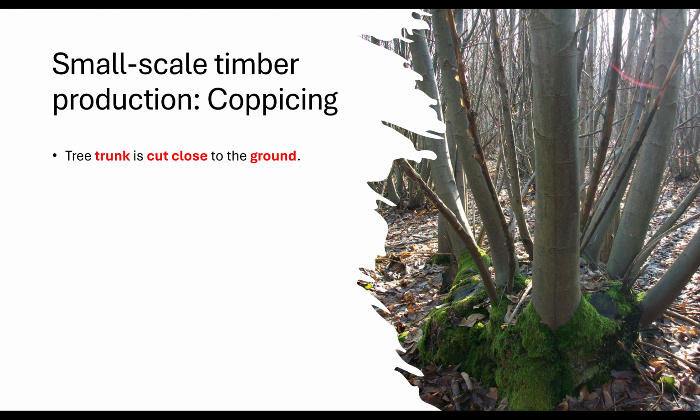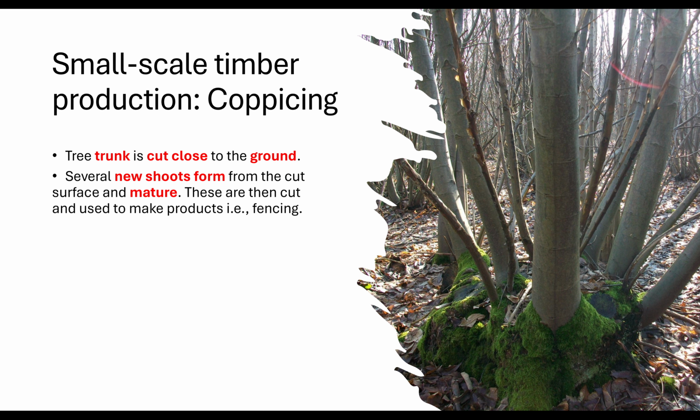So what we have is a way in which we can take some trees, we can cut the tree trunk down so that it's really close to the ground, and what will then happen is several new shoots will form from the cut surface and they will then mature. Now these are then cut and used to make different timber products such as fencing.